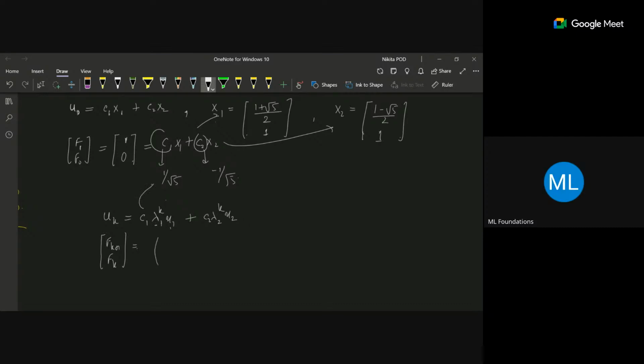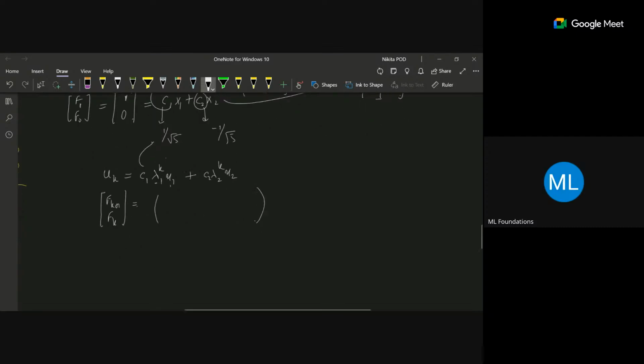Okay. And in general, it turns out that my fk is 1 by root 5 times (1 plus root 5 by 2) to the power k. The other term we can skip, because as k keeps on increasing, that value becomes very small, so we can ignore it.